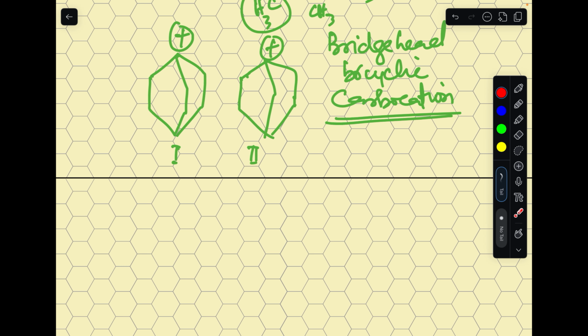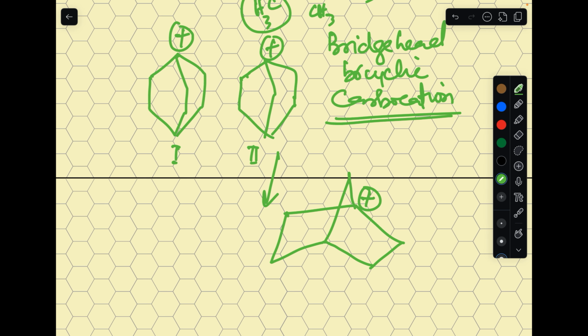If you see here, it looks like this way. I can show you. It is like this. So here this positive charge generated on the bridgehead carbon is part of a small bicyclic system. Since this is a small bicyclic system, it is highly rigid and it does not allow the positively charged carbon to achieve planarity because of the severe ring strain.